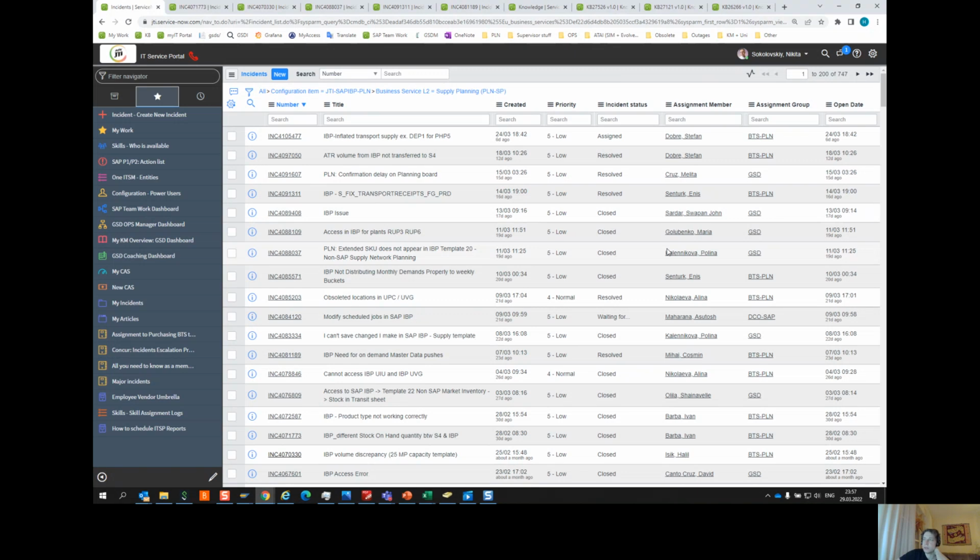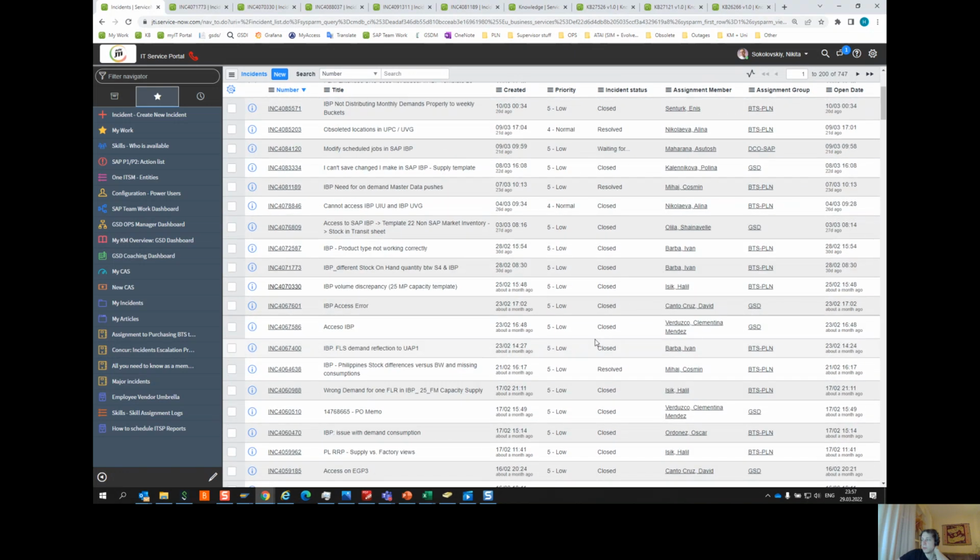Because if a person needs access to some supply template or needs a supply role in IBP, yes, we register such a ticket as related to supply, but it's a non-functional one. It's not really related to the supply process.